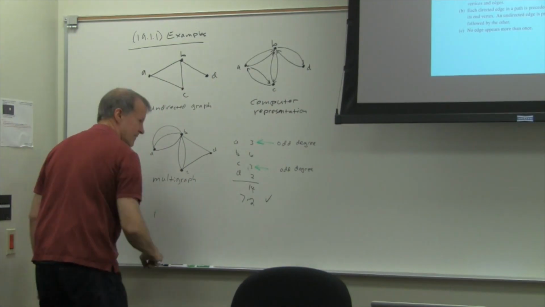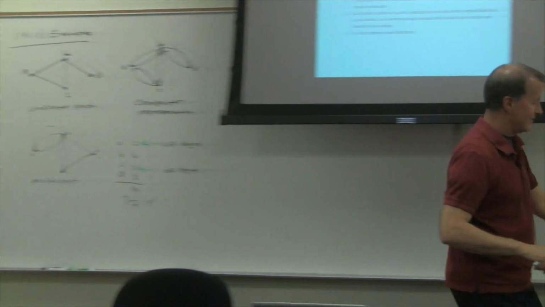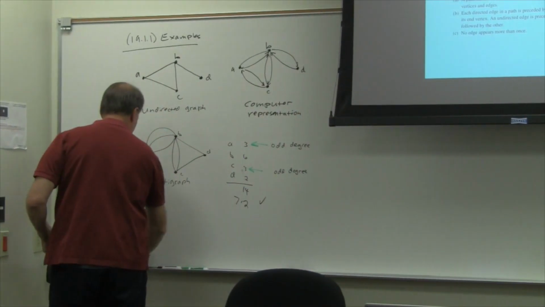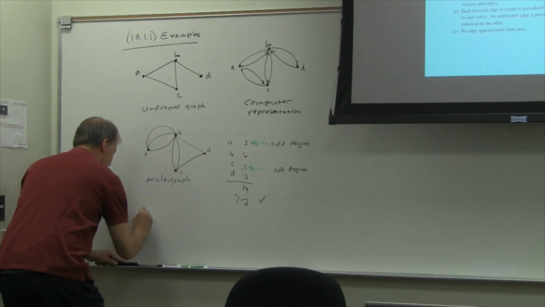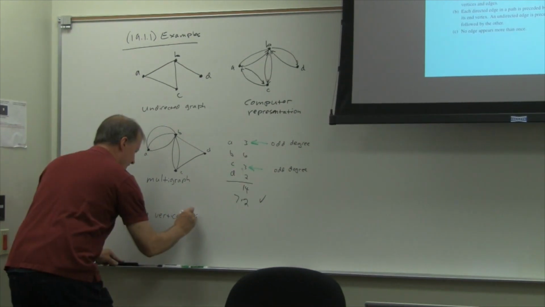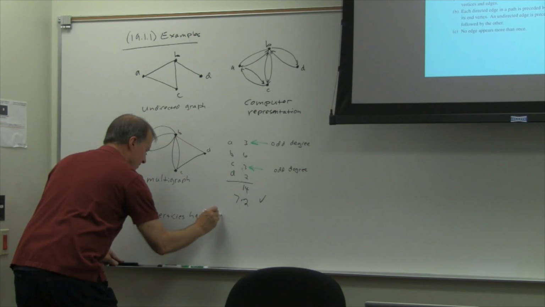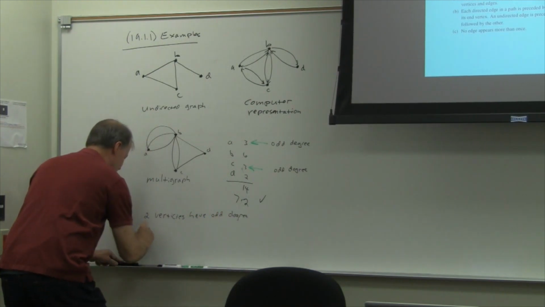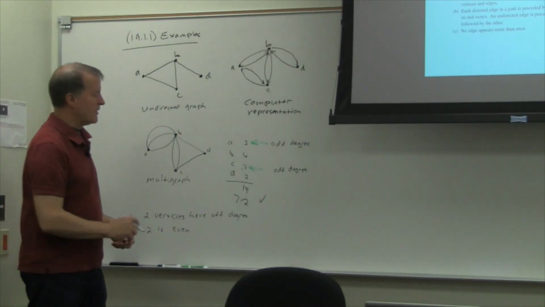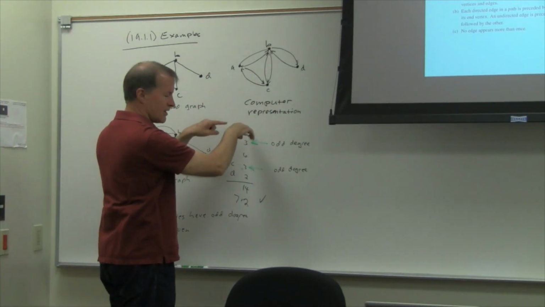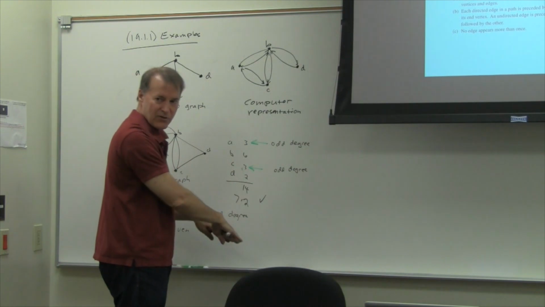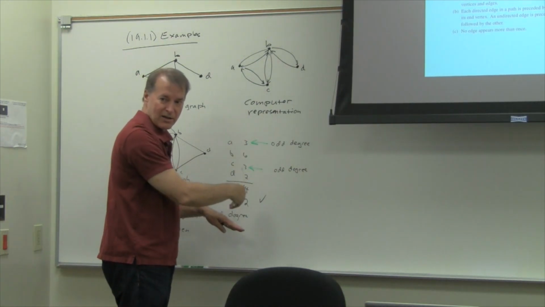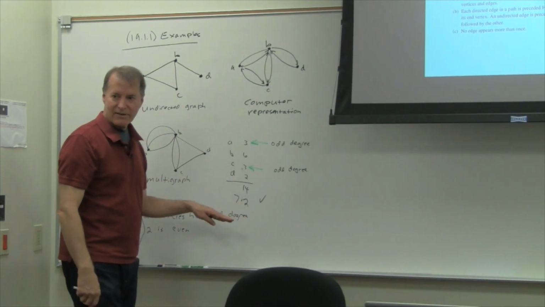Prove that by mathematical induction. Here, let me write this out. So two vertices have odd degree, and 2 is even. It would be impossible if you listed the degrees of all the vertices and counted and noted which ones were odd, to have an odd number of vertices with odd degree.